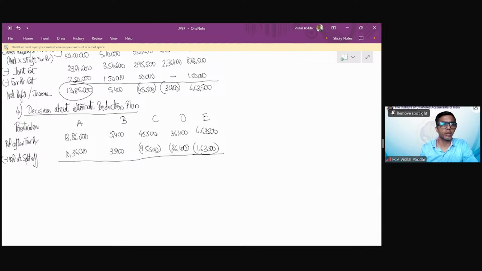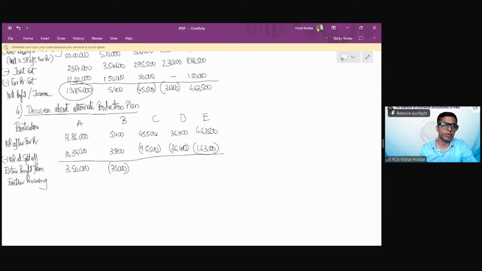So the difference between the two, I'm calling it as extra benefit from further processing. So if I further process here, I get extra 3,50,000. If I do further processing here, I incur a loss of 30,000.